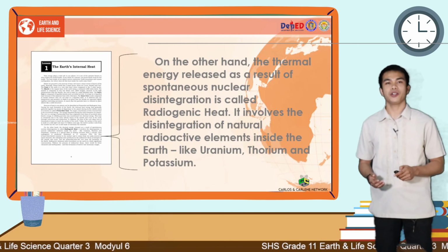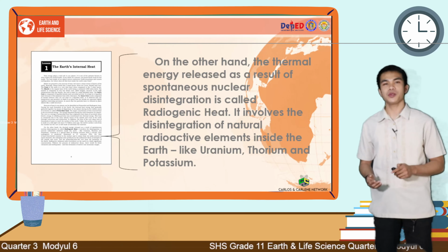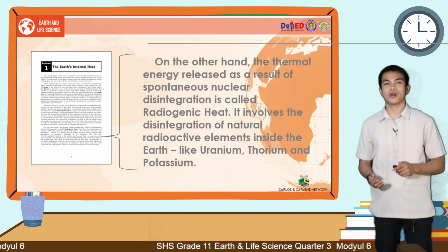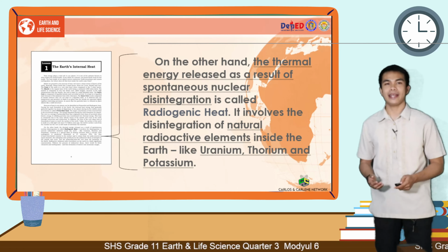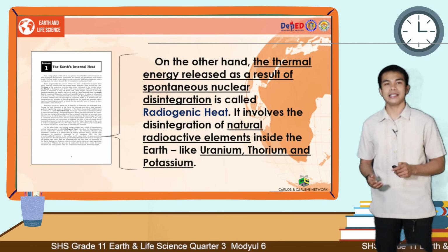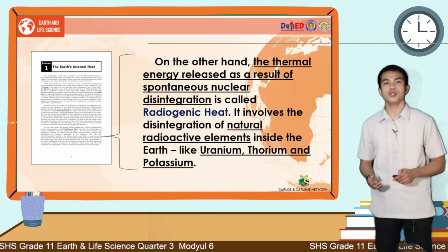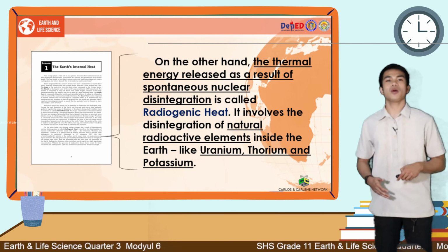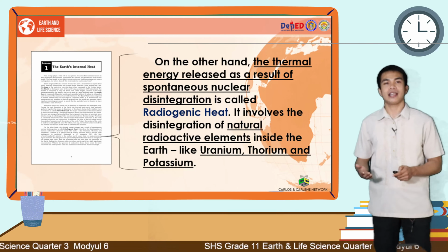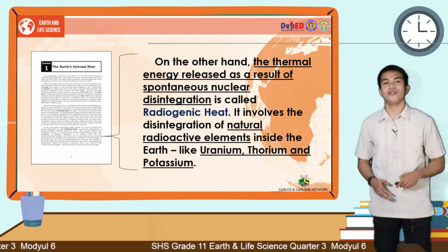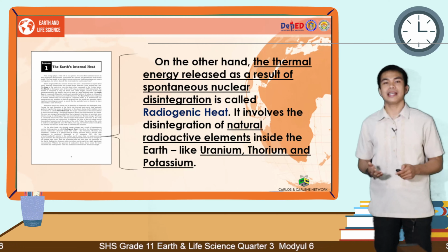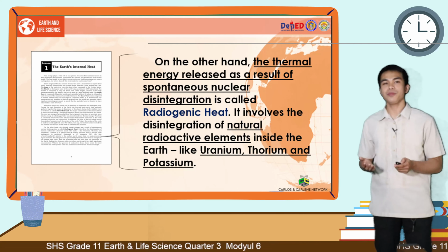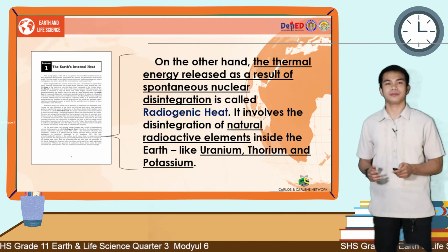Next, for the 4th paragraph, first 2 sentences, let us all read. On the other hand, the thermal energy released as a result of spontaneous nuclear disintegration is called radiogenic heat. It involves the disintegration of natural radioactive elements inside the Earth, like uranium, thorium, and potassium.